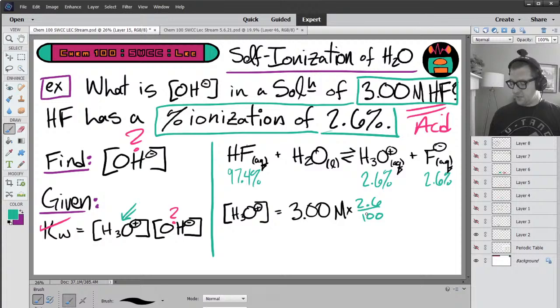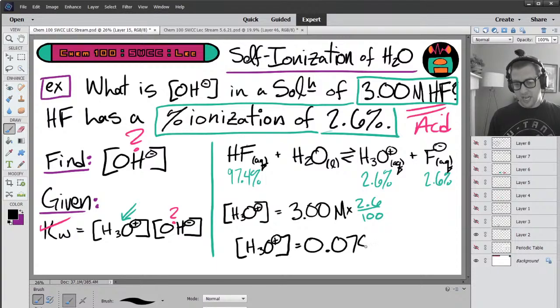So 3 times 2.6 divided by 100 gives us a concentration of hydronium equal to 0.078. That's what my calculator tells me. This is 3 sig figs, but this only has 2, so I have to stop at 2 sig figs. This is my concentration of hydronium.